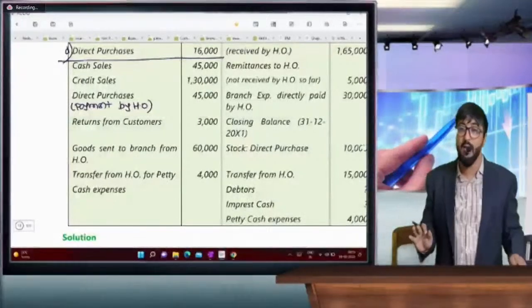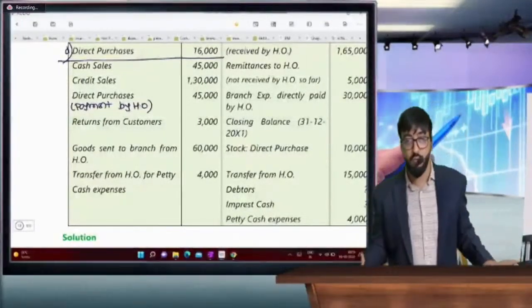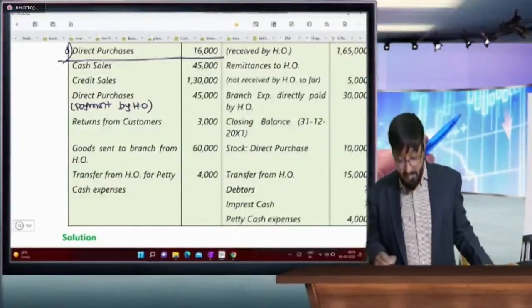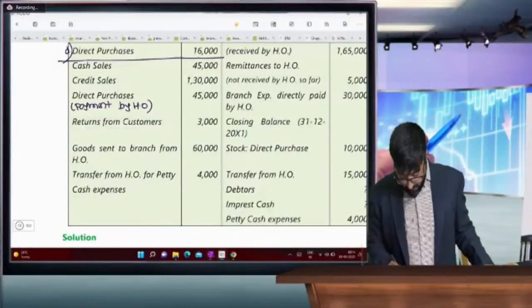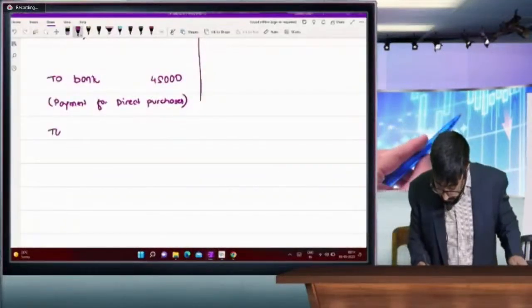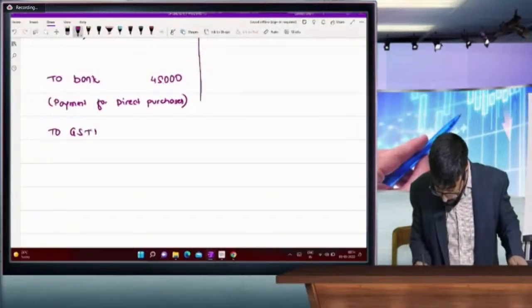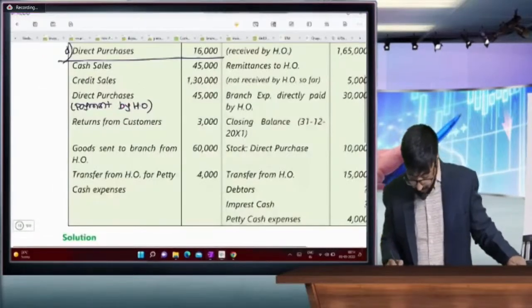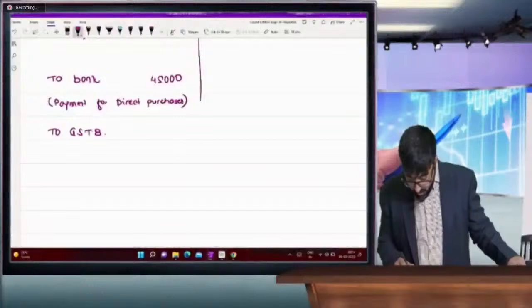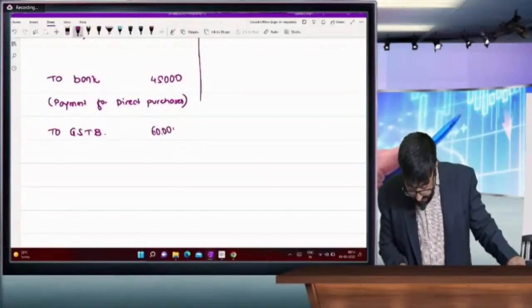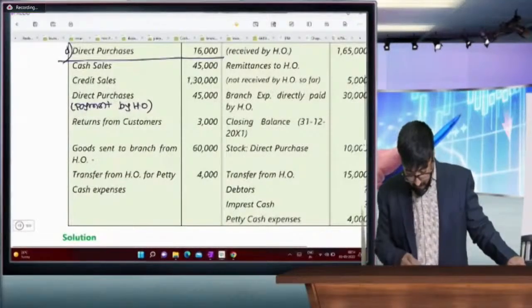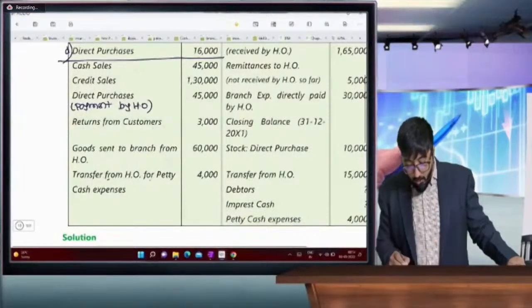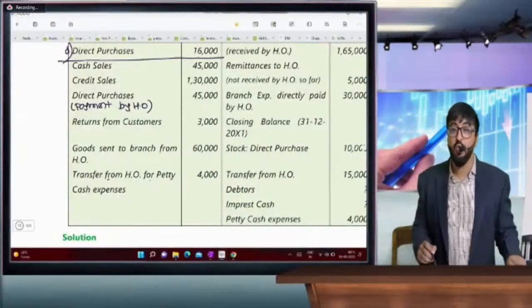Very easy. Returns from customer? No. Why? Because branch will do. Goods sent to branch? Yes. To GSTB. How much? 60,000. Transfer from HO for petty cash expense. What entry will HO pass?